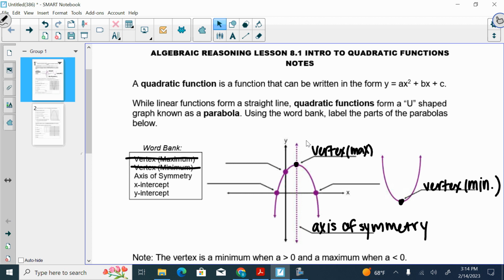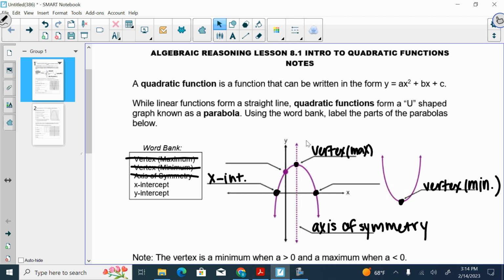Okay. All right, and then the last two are the ones you guys already know, an x-intercept and a y-intercept. So remember, an x-intercept means where it intercepts the x-axis. Which way does my x-axis run, horizontally or vertically? So on my horizontal line, those are the two places it touches, so both of those are what we would call an x-intercept.